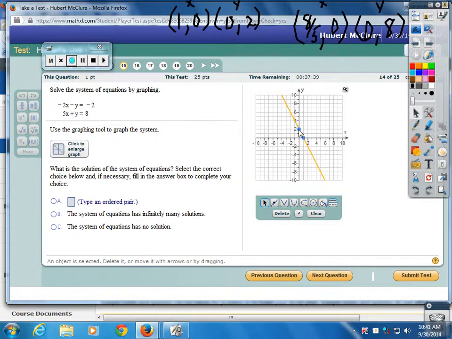The next line, is it going to let me? I guess it will. 8/5 and 0. So that's 1 and what? 1 and 3/5. It's going to be hard to do.